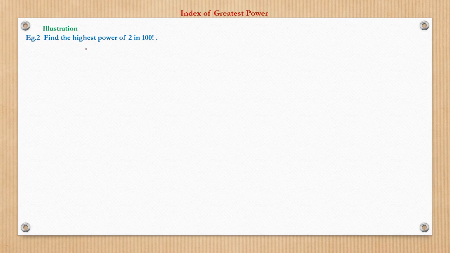Let us see, find the highest power of 2 in 100 factorial. So we have to find 2 raised to power n in 100 factorial such that n is maximum, right? So IGP, index of greatest power, would be nothing but, first we divide 100 by 2, it will be 50.